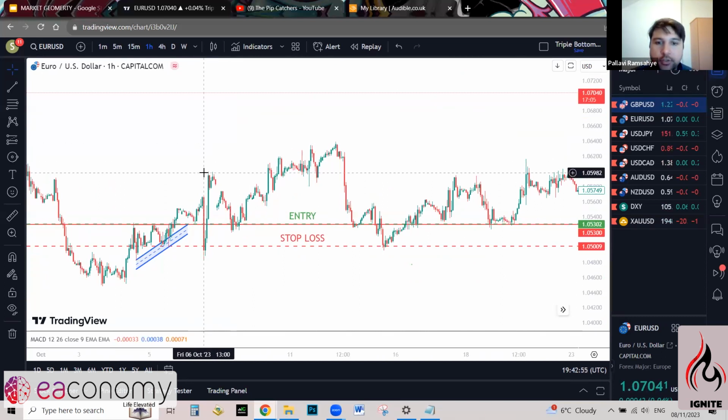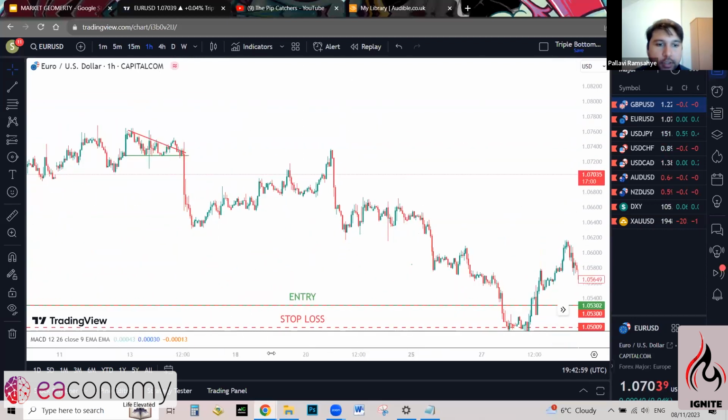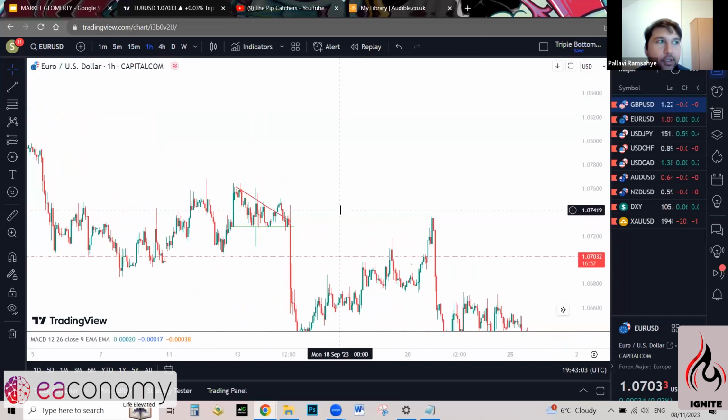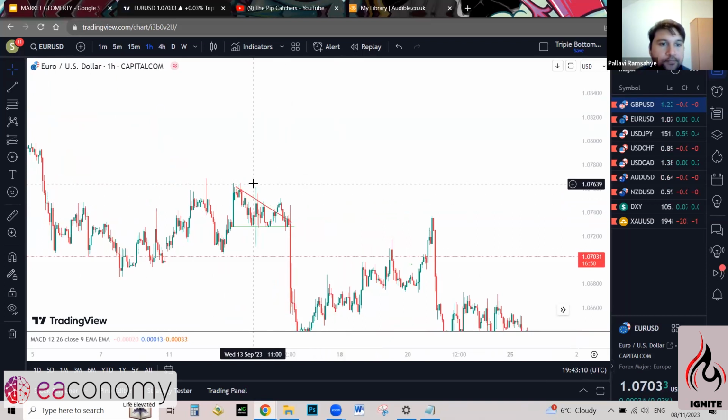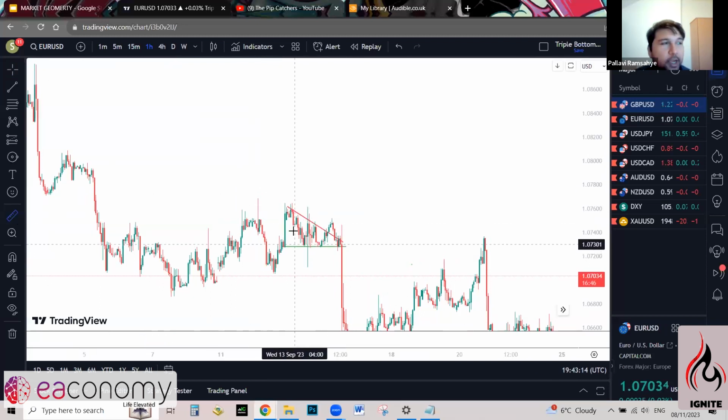You can use the Fibonacci retracement tool for this. However, you do use the Fibonacci more for the harmonic patterns, not so much for the alternative patterns. You can use it for measurements within the pattern itself.